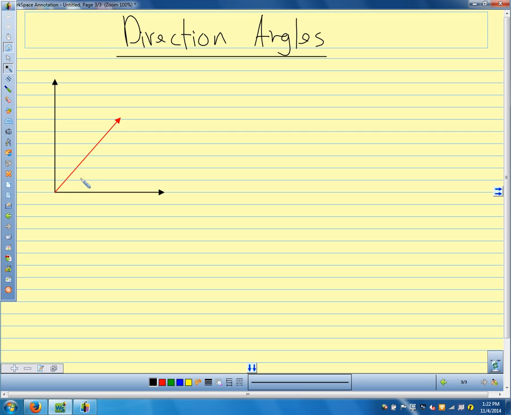Like we did for angles, we're going to rotate counterclockwise from the positive x-axis. And we're going to call this the terminal point of our vector, the point x, y. And this is vector v.